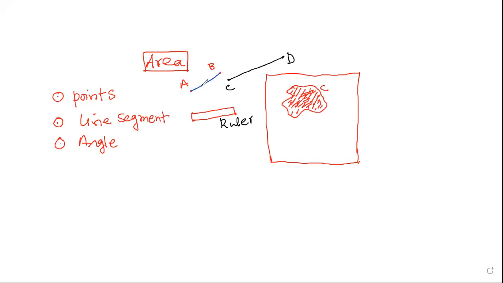So we know the length of AB, let's say 3 centimeter, and let's say this is 7 centimeter. And we know 3 centimeter is less than 7 centimeter, so the length of CD is greater than AB. That is the idea. Somehow we connect the number system here to study geometry in a very easy way. That work was done by Cartesian.